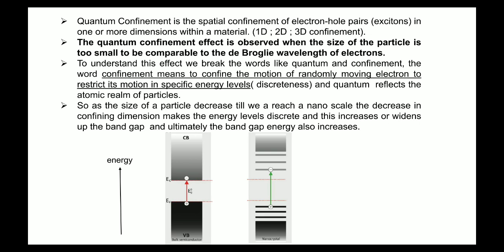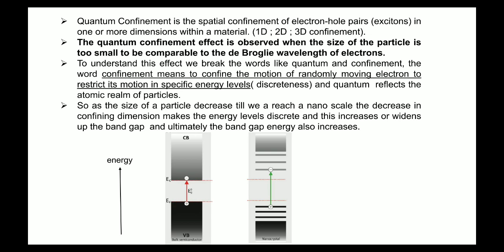So what is quantum confinement? It is a confinement of the electron hole pair, a confinement of the exciton. The excitons present in the material start to confine. Now in how many dimensions do they confine? It depends upon the degree of confinement.